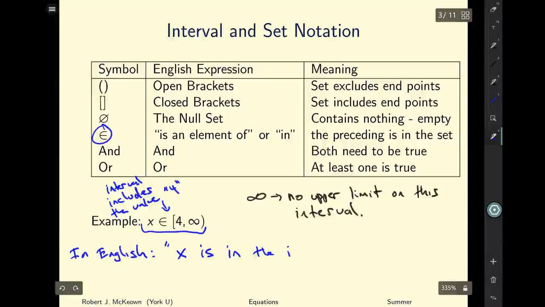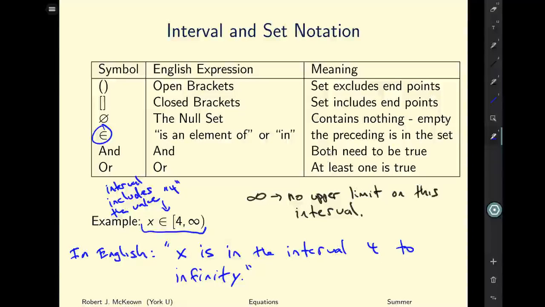The interval 4 to infinity, where infinity is representing a concept that there's no upper limit. Whatever number, however big a number you can imagine, x can take on that value.